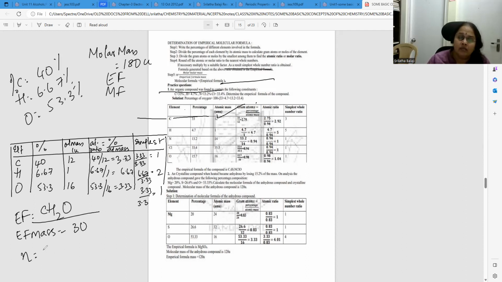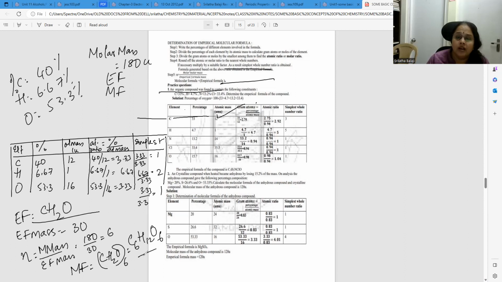Now what is N? N is molar mass by empirical formula mass. 180 divided by 30 will be 6. Now what is the molecular formula? It is CH2O 6 times. In other words, it's C6H12O6. Got it?